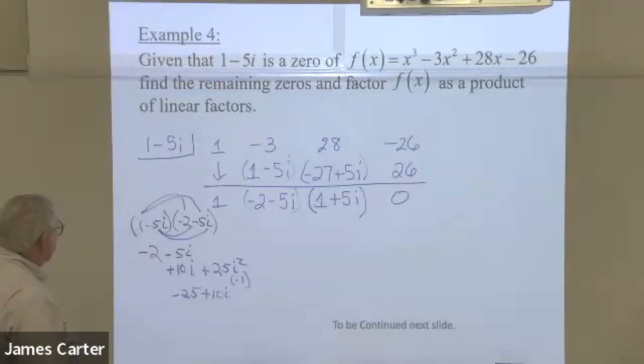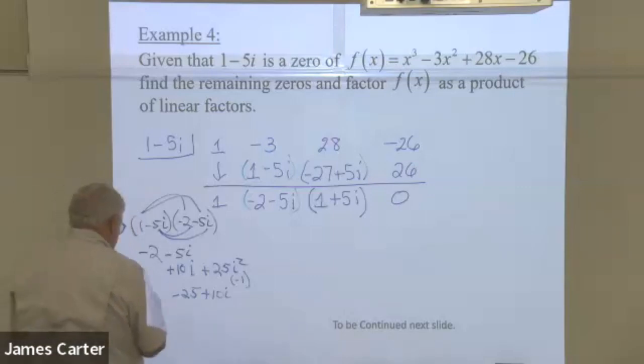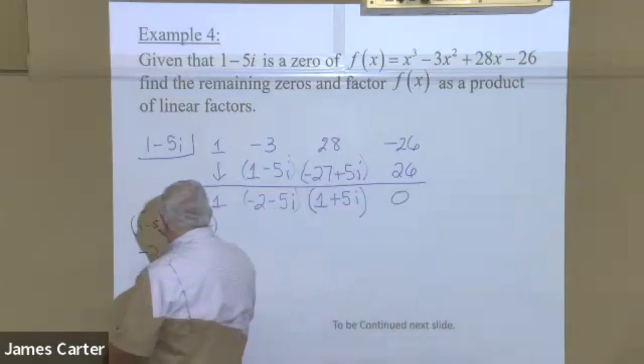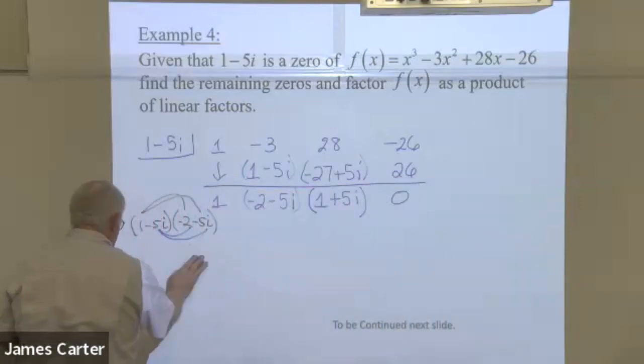Okay, if I did that correctly, and apparently I didn't. What did I not do correctly? You have the -2 minus 5i. I did what? You did -25? Why'd you do -25? Because i squared is -1. Okay. 25 is negative. I can't leave it like this. Let's do this again.